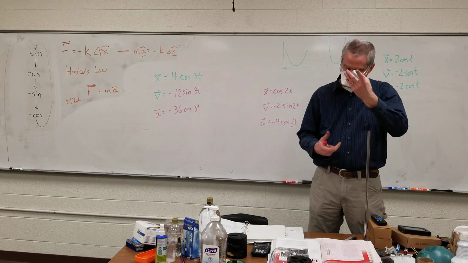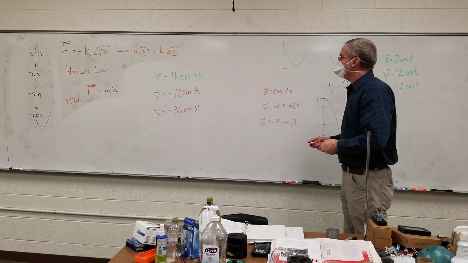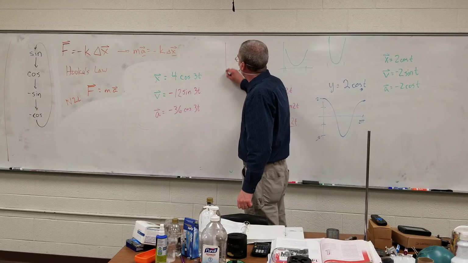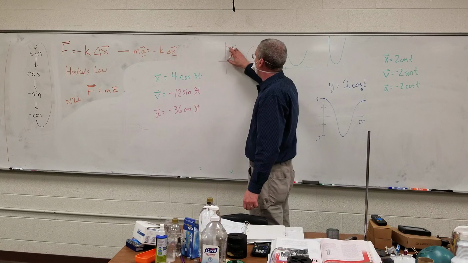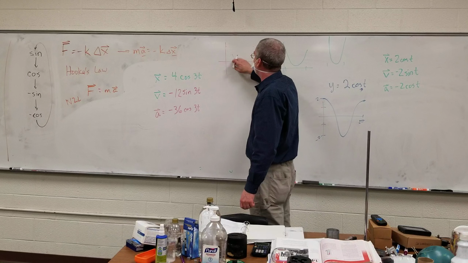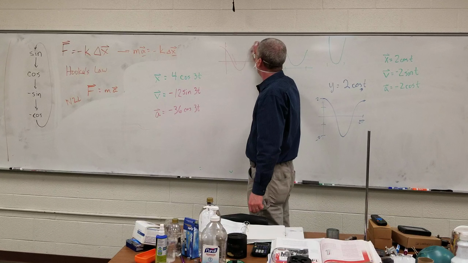Very rarely. So in reality, it's an approximation. We might like to see that happen, but reality is it's not going to start like that. It's going to be a little bit off.